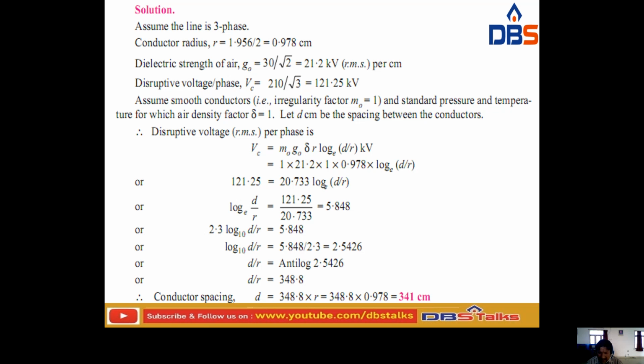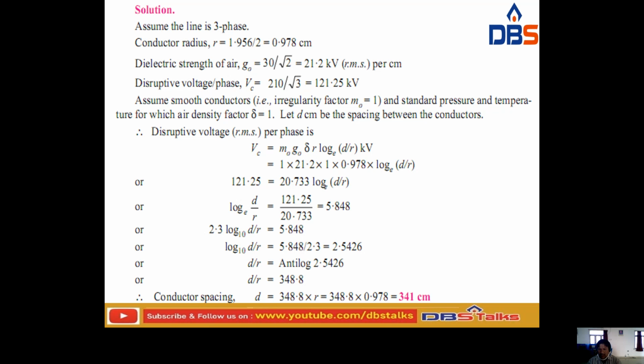So let us assume a smooth conductor. For a smooth conductor, the irregularity factor is 1, that is M0 is equal to 1. In a similar manner, the air density factor is 1. You have to assume standard pressure and standard temperature. Delta is also 1, right? Let us consider small d is the spacing between the conductors.